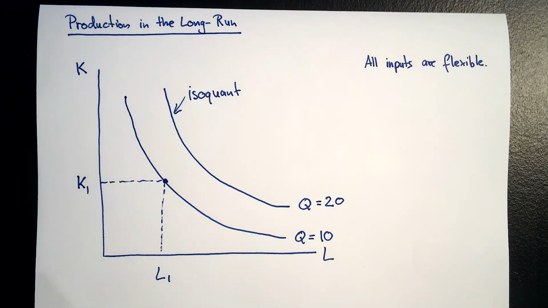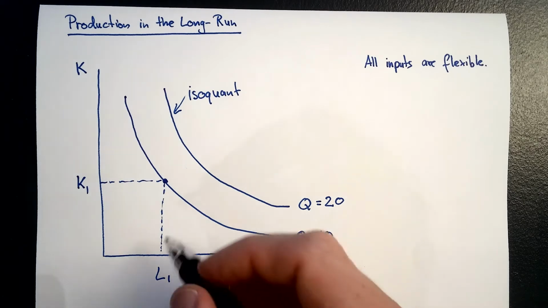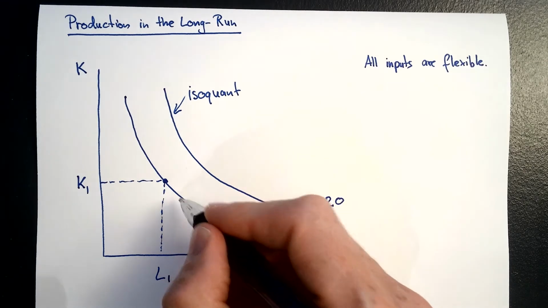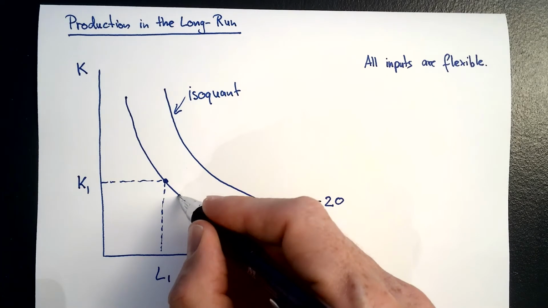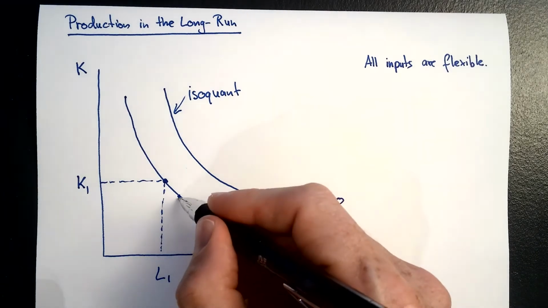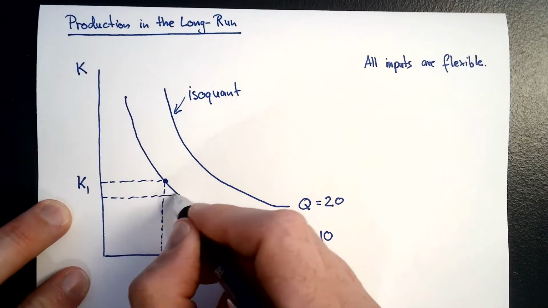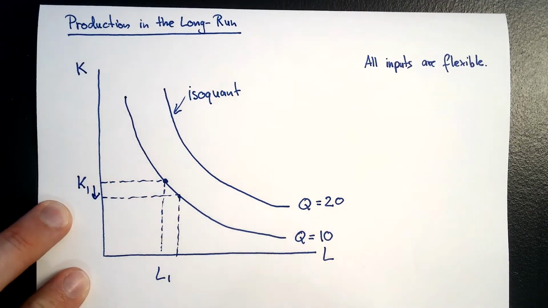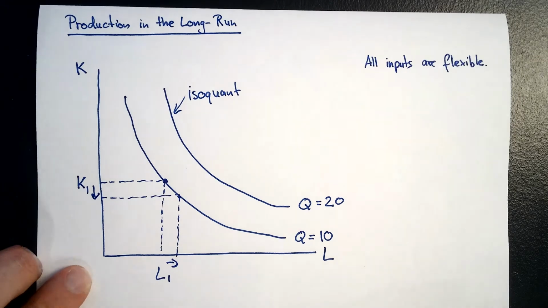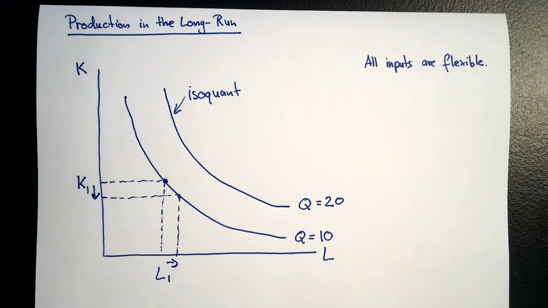Then if we want to increase labor but produce the same number of units, we have to decrease capital, and then we remain on the same isoquant.